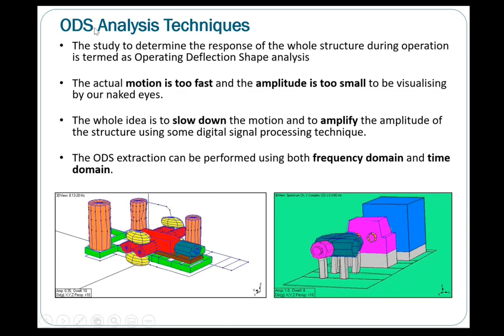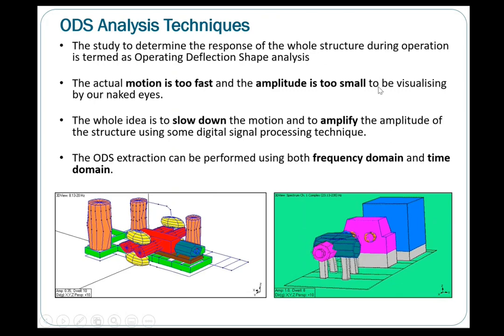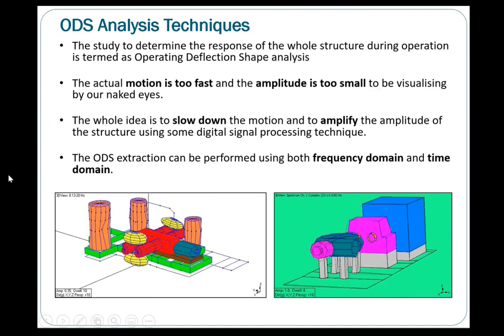If it is shut down, you cannot perform ODS because we want to get the response as well as its motions during operation. Why do we want to perform ODS? Because we want to know how it vibrates, how it moves during operation. The actual motion is too fast and the amplitude is too small to be visualized by our naked eyes.